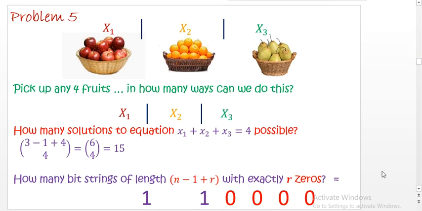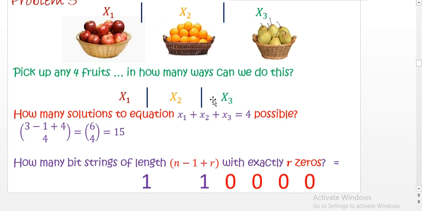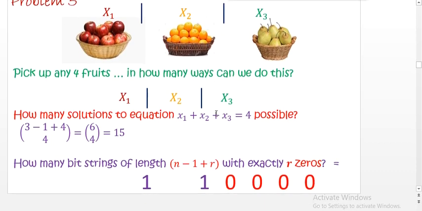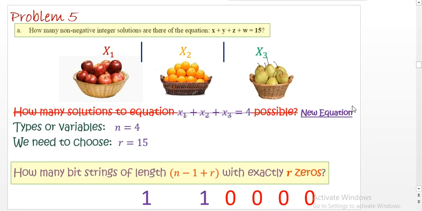Okay, I hope you have got this example, and if you have, then we can easily move to our original question. In our original question, we have x plus y plus z plus w equal to 15. So the types of objects we have is 4, and the number of objects we have to choose is 15.